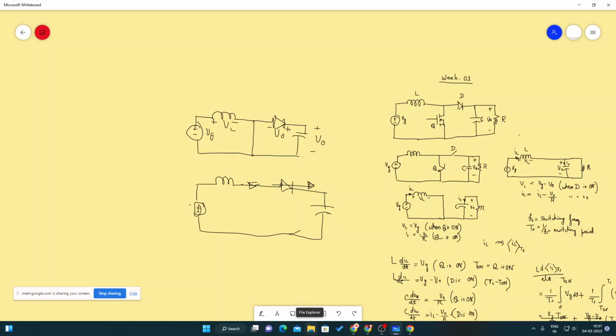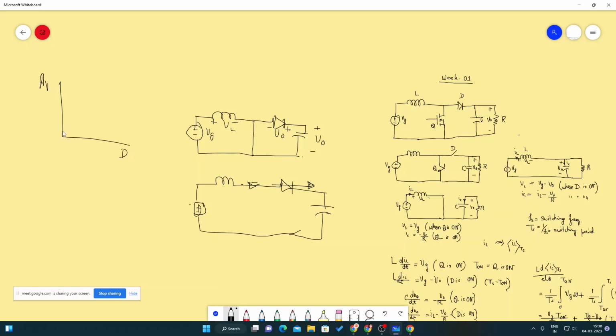But will the same controller of CCM work in DCM, or do you have to take some steady state? If you go with the steady state trajectory, what I mean by steady state trajectory is the plot where duty versus the steady state gain.